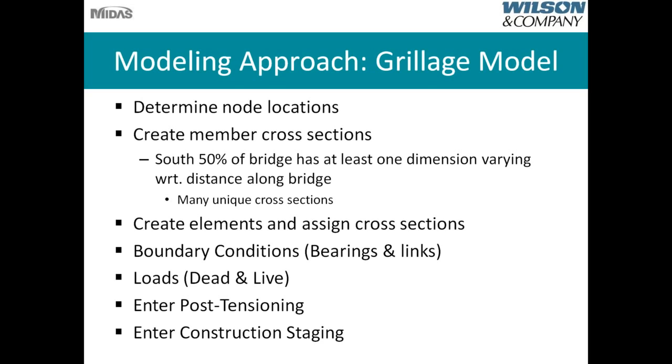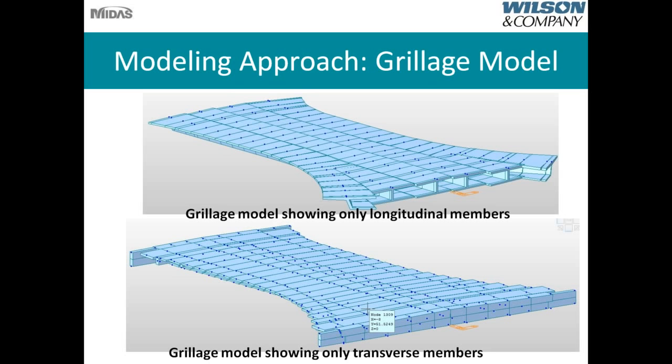So that's the point springs for the bearings and the rigid links to connect the two exterior webs together at the bifurcation, and also to connect the top and bottom slab for the transverse elements and connect the transverse elements to the longitudinal elements. Next, the loads had to come in, and the post-tensioning and the construction staging to get a good feel for the time-dependent effects on this structure.